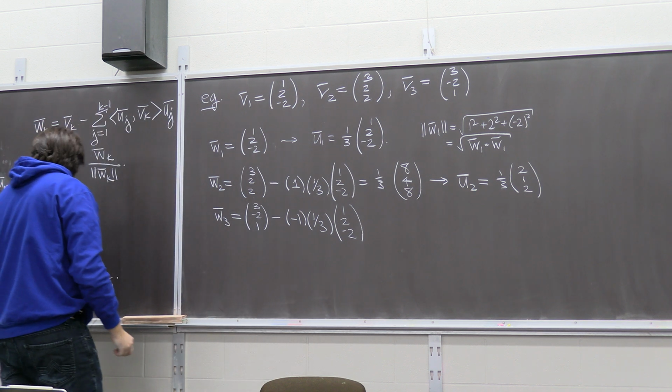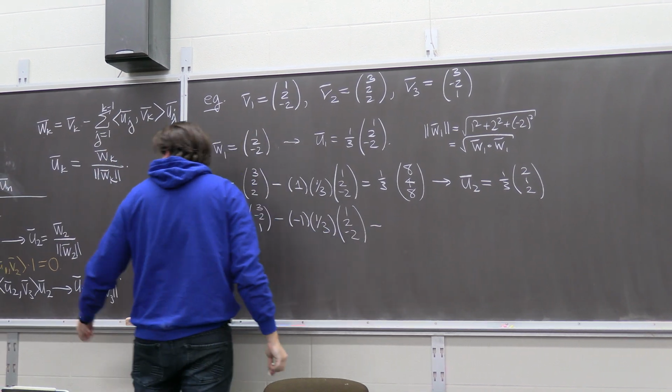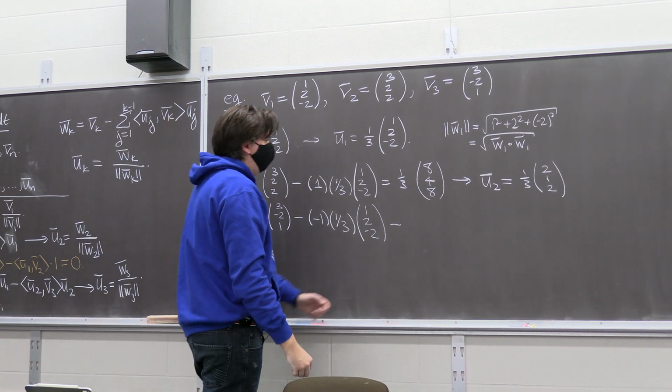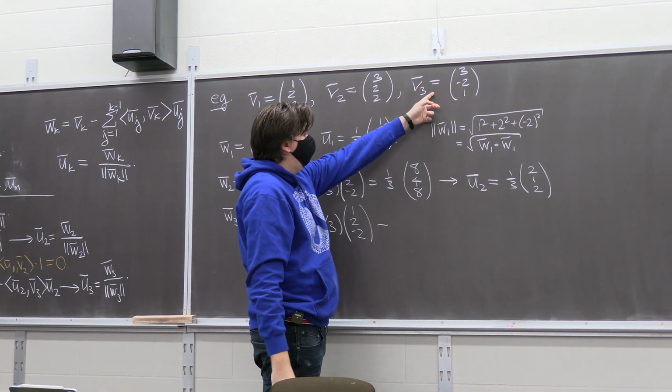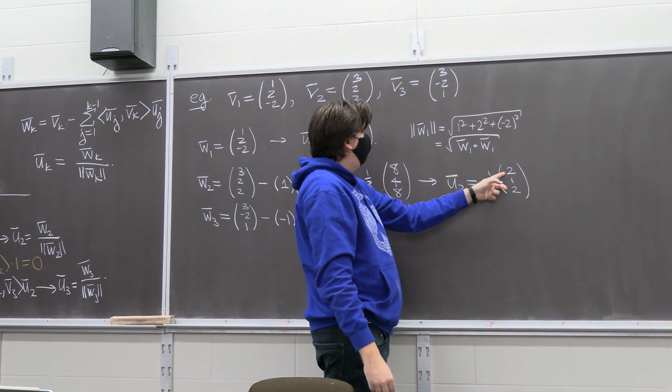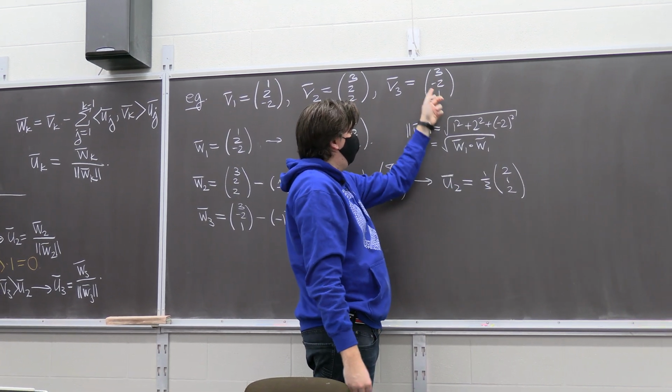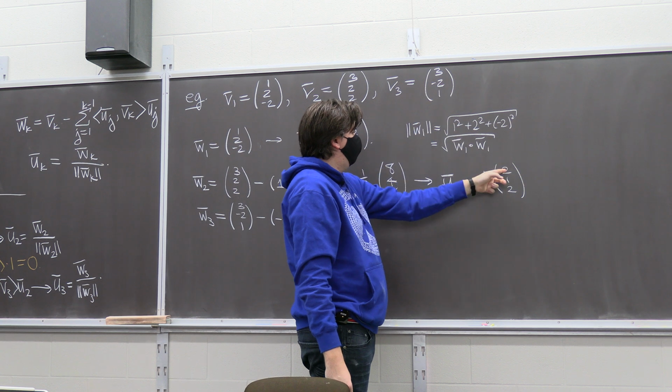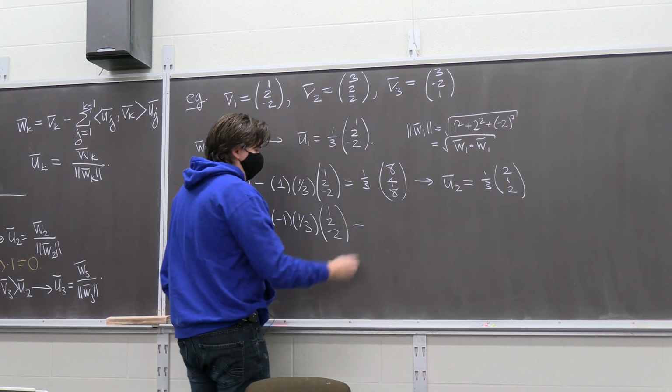And then we want to subtract U2 V3. So taking the dot product of U2 with V3, here we get 6 minus 2 plus 2. So that's 6 divided by 3, which is 2.